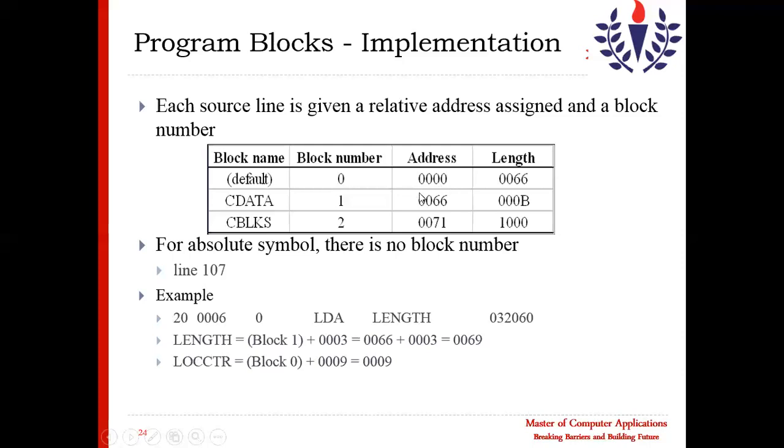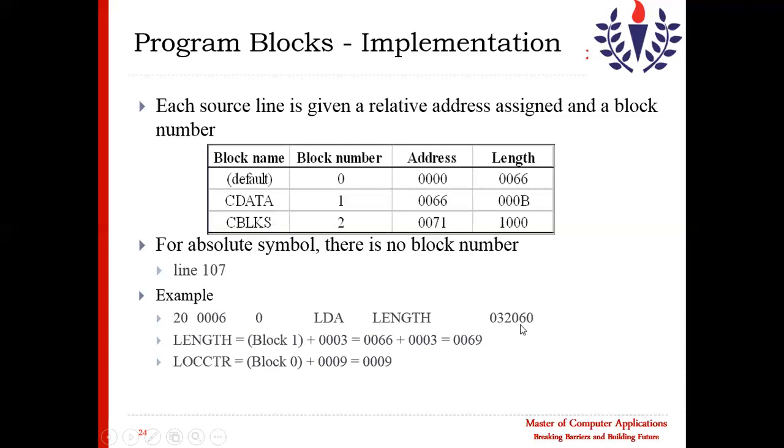This block starts from 00, and the number of lines it contains gives its length. Another block starts after this, and it has its own length. In this way it goes on. For an absolute symbol there is no block number, because this block will be converted into object code and it will be given a new address.